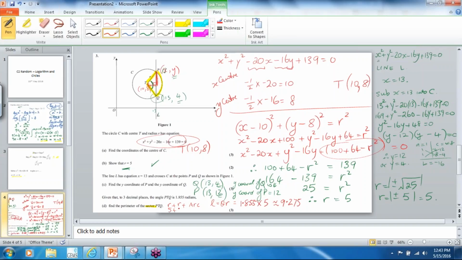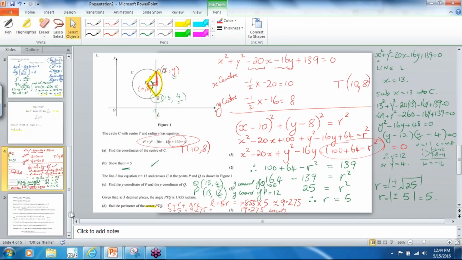So 5 plus 5, that's the 5, that's the 5. Now, plus the arc at 9.275, so we get to 3 decimal places 19.275. What units? No units? Okay, we'll just put units, or length units.